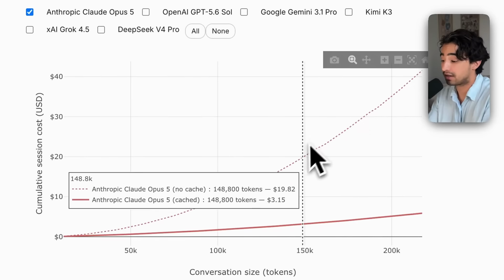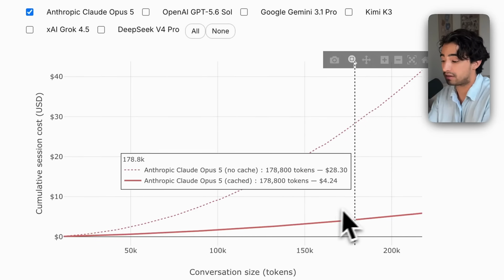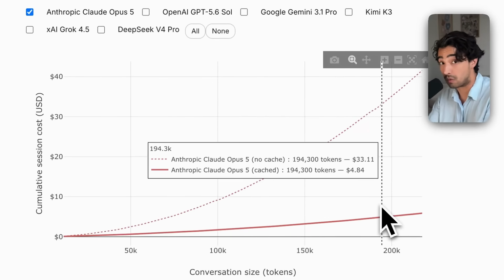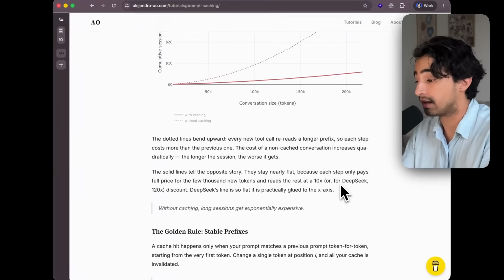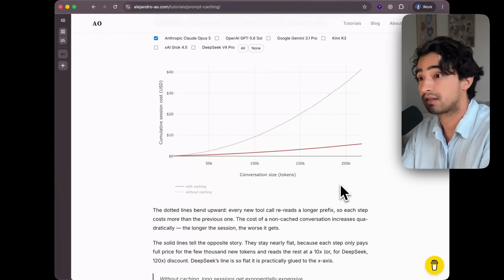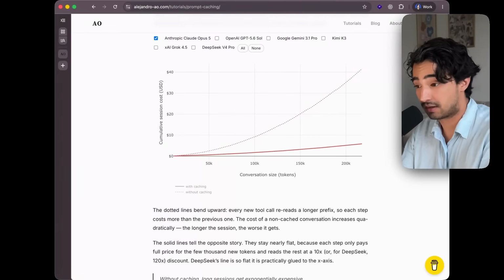And if you enable caching, as you can see, it stays relatively linear, which is of course what you want. You want to grab as much of that 10% price as possible. And in order to do that, it is very important to pay attention to the models and the providers that you're using, because different providers have different prompt caching systems.